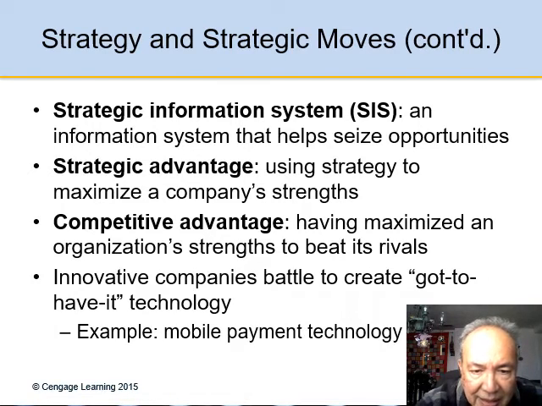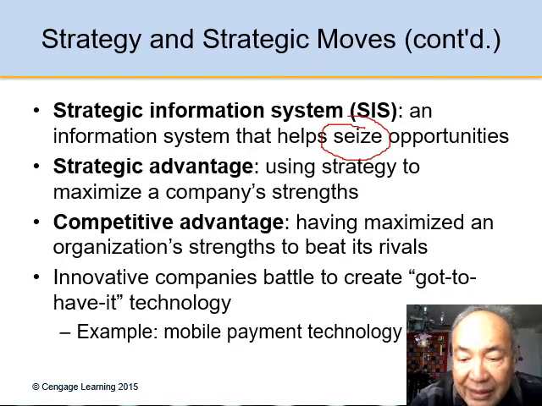Now strategic. These are some samples of a strategic information system: an information system that helps to seize the opportunity, to get the opportunity.